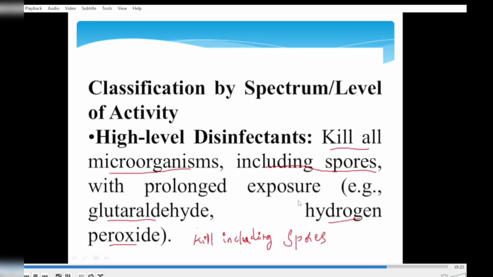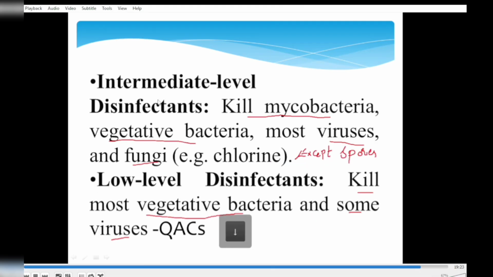What are examples of high level disinfectants? Glutaraldehyde and hydrogen peroxide. These are very effective against microorganisms and can also kill spores. Next we can see intermediate level disinfectants. Intermediate level disinfectants can kill Mycobacterium tuberculosis and some vegetative bacteria, and are also useful to kill viruses and fungi.